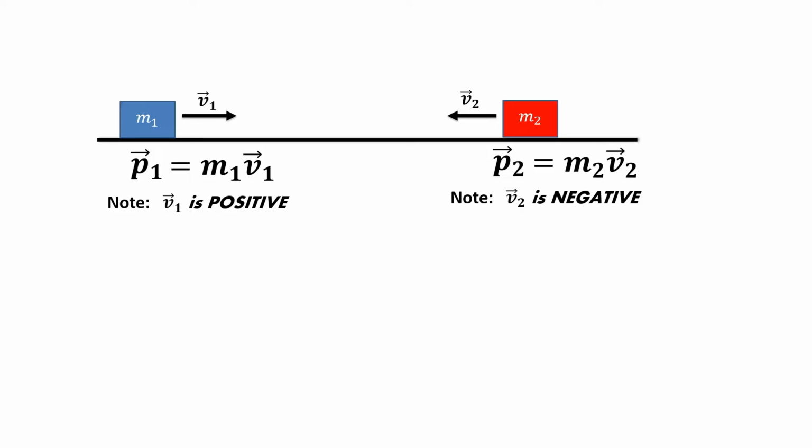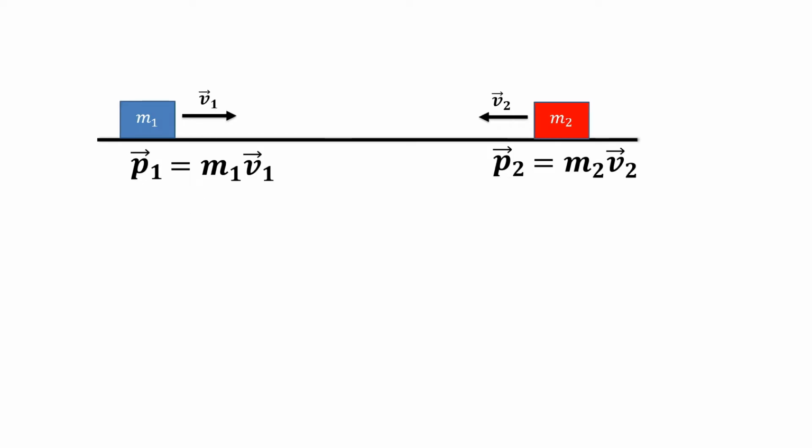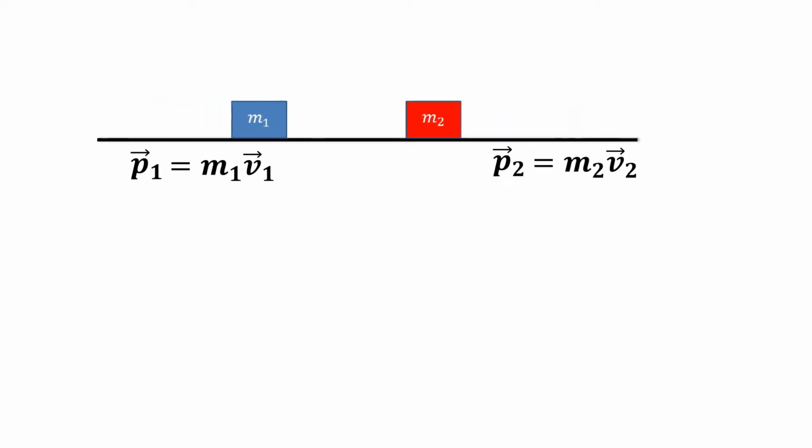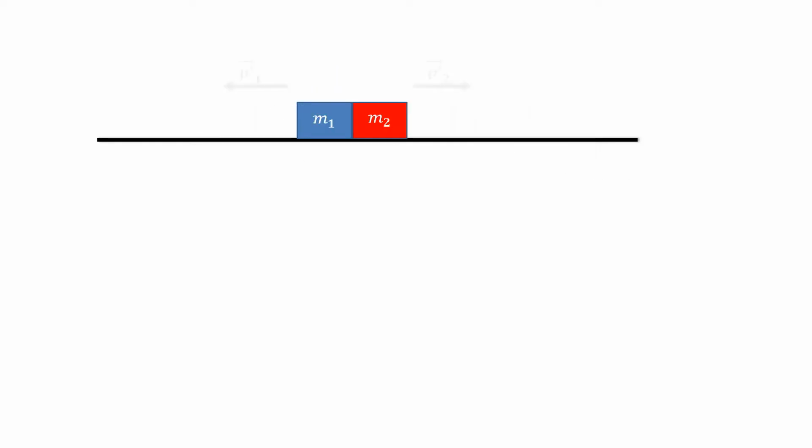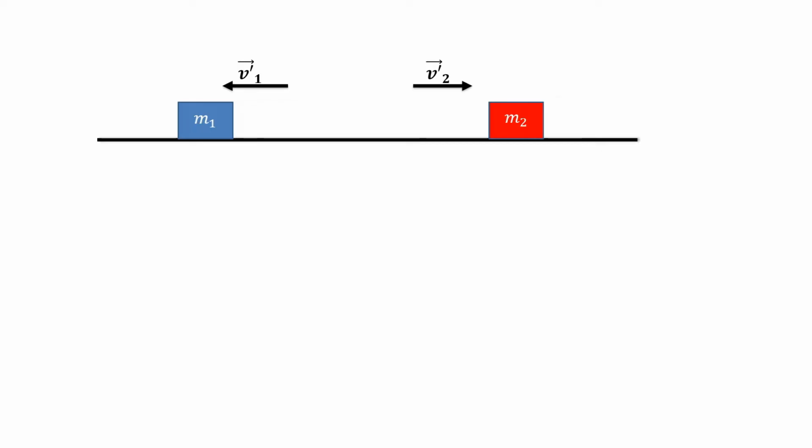Let's assume these two masses collide with each other, and after collision they separate in opposite directions. Let's assume their masses don't change but their velocities change. To indicate that these velocities are after collision, we use a prime. So we have v1 prime and v2 prime.